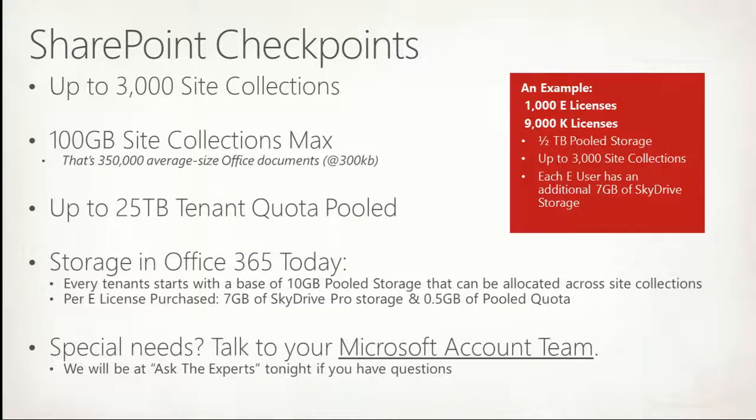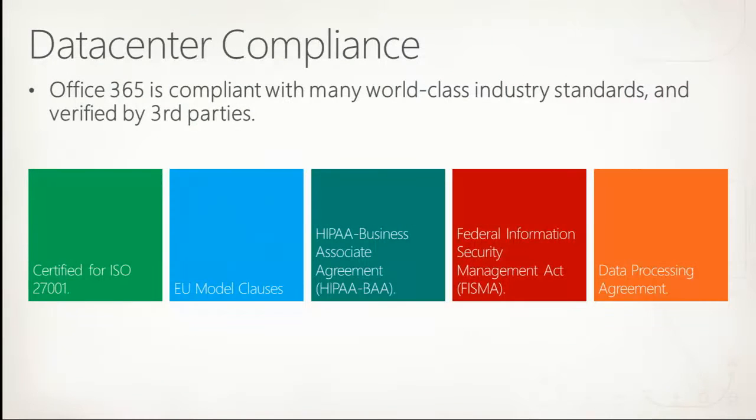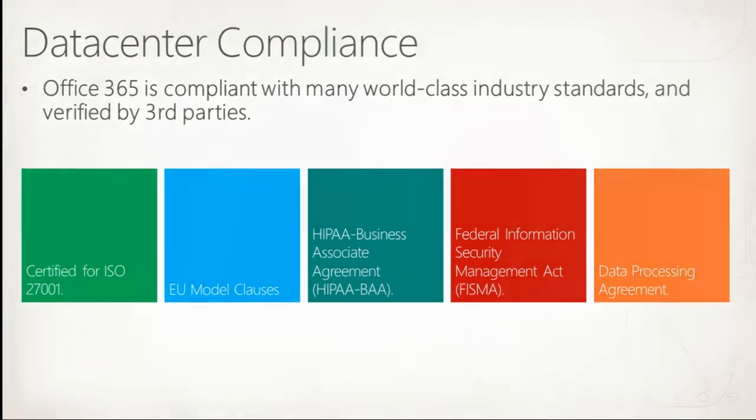All of that storage is stored in the Office 365 system, which is compliant with some of the most needed world-class compliance, all verified by third parties. It's a very reliable place to store your data. And with that, I'll hand it over to Adam, who's going to talk about sort of the end user experience.